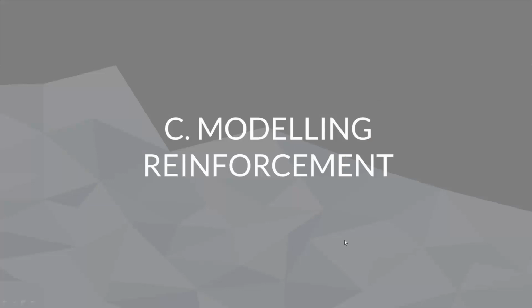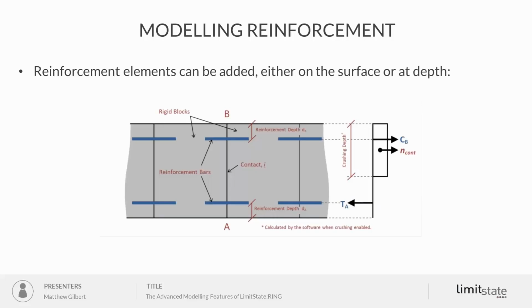Okay, so lastly, move on to the third of the advanced areas that we wanted to cover in this webinar, modelling reinforcement. What we can do in the software is add reinforcement elements either on the surface or at a given depth.